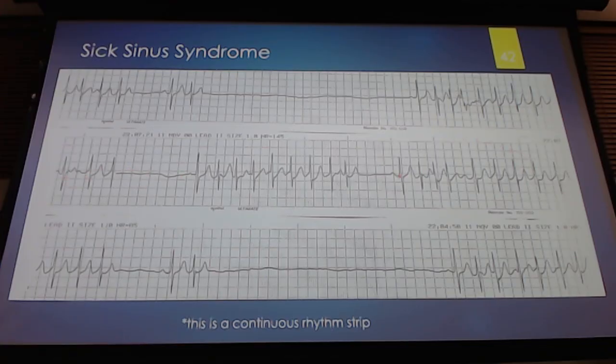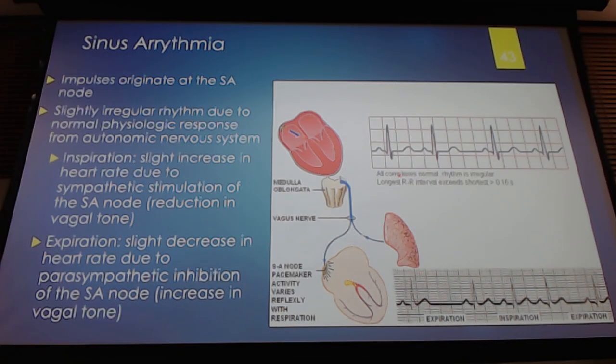That's how they identify this, because sometimes these guys will go into a normal sinus rhythm, and then they'll go into a tachycardic rhythm. So they put them on a continuous monitor to see if they can capture episodes where they're going in and out of sinus arrest, sinus block, and then this tachycardic, bradycardic pattern. These patients need a pacemaker.